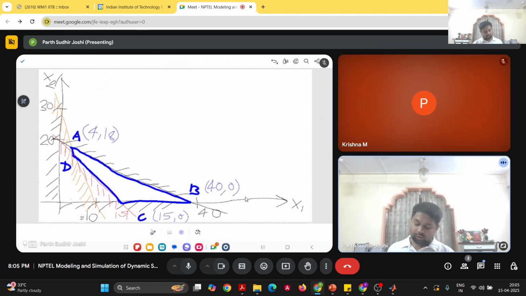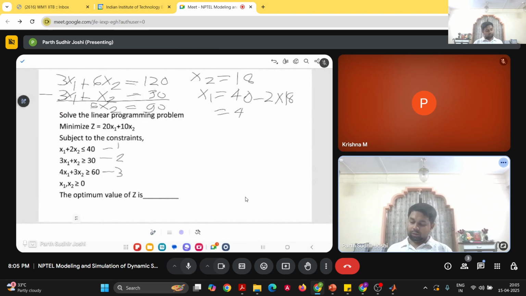Now we are just left with the intersection point between 2 and 3. How do we do that? Let us again multiply equation 2 by 3.